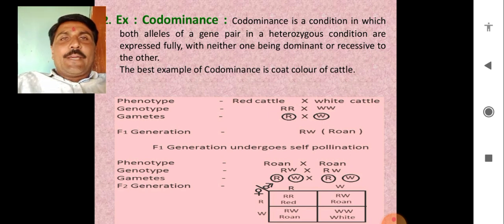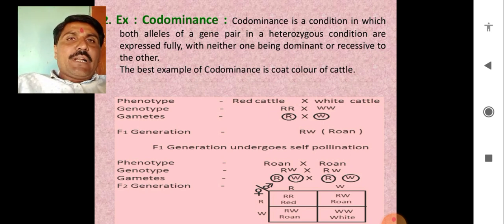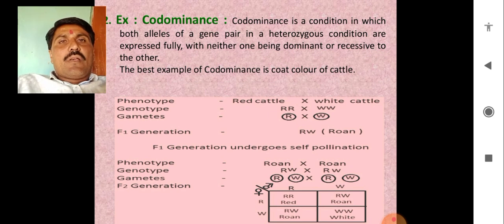What we see in monohybrid, here we see completely different, what we see in incomplete dominance and in codominance. The best example of this is the coat color of a cattle.